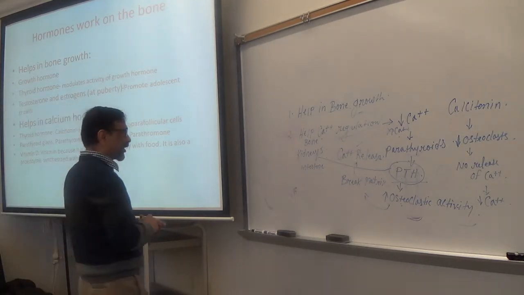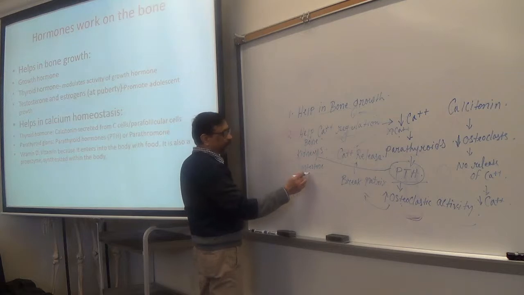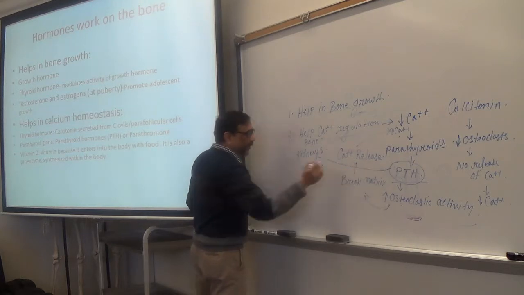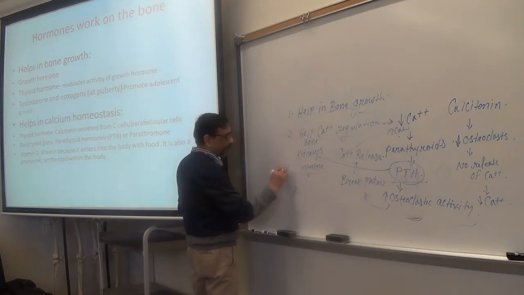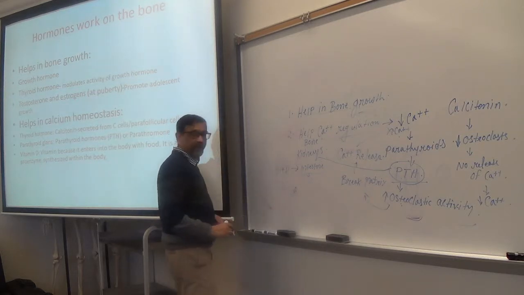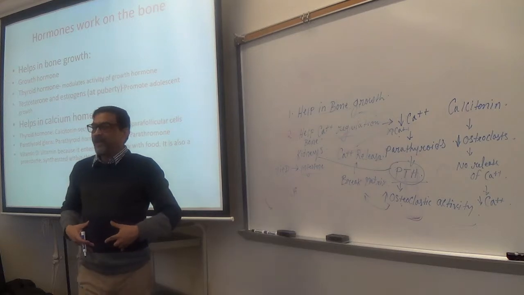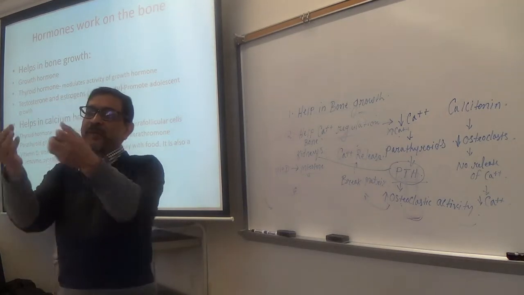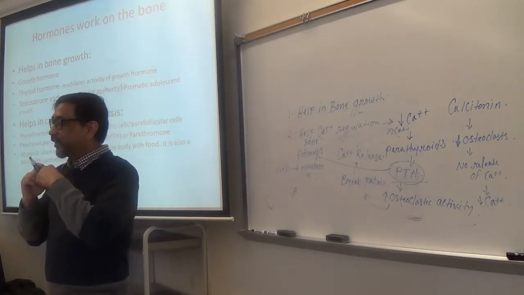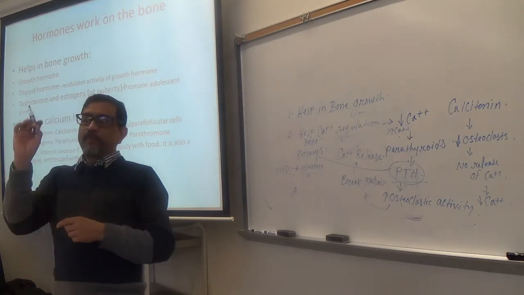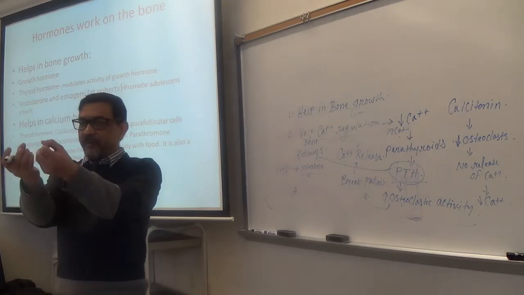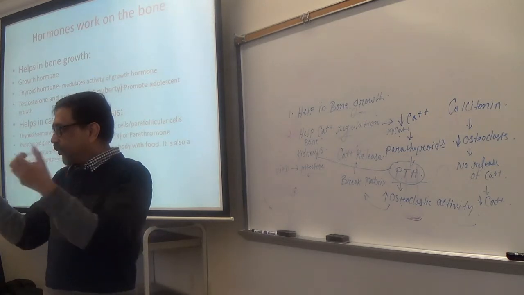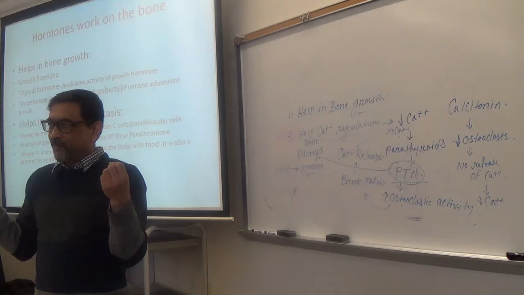And on intestine, parathyroid hormone activates vitamin D. Vitamin D works on the intestine and absorbs the calcium from the food you eat. I am repeating again. Vitamin D works on the intestine and absorbs the calcium from the food you eat. Okay?